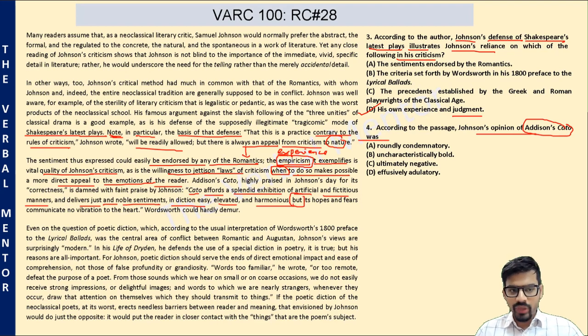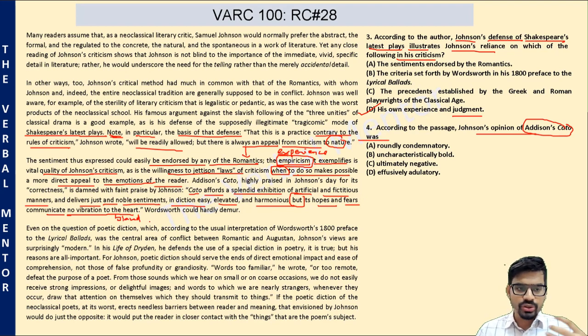So basically Johnson says Addison's Cato was okay, it was good in some aspects, but its hopes and fears communicate no vibration to the heart. So it is bland and it is ineffective. It has no teeth. It does not convey or communicate any emotion to the heart.